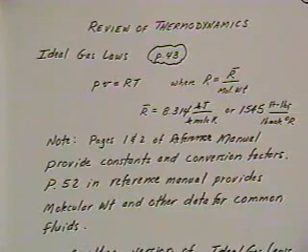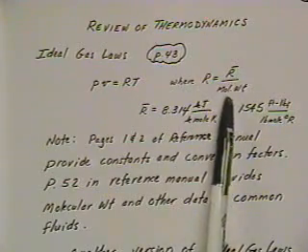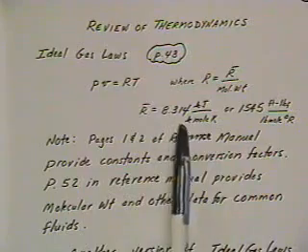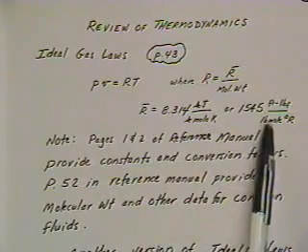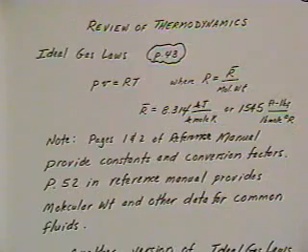The R is defined as R bar, which is the universal gas constant, divided by the molecular weight, and R bar is either 8.314 kilojoules per kilomole Kelvin, or it's 1545 foot-pounds force per pound mole degree R if we're working in the English system.